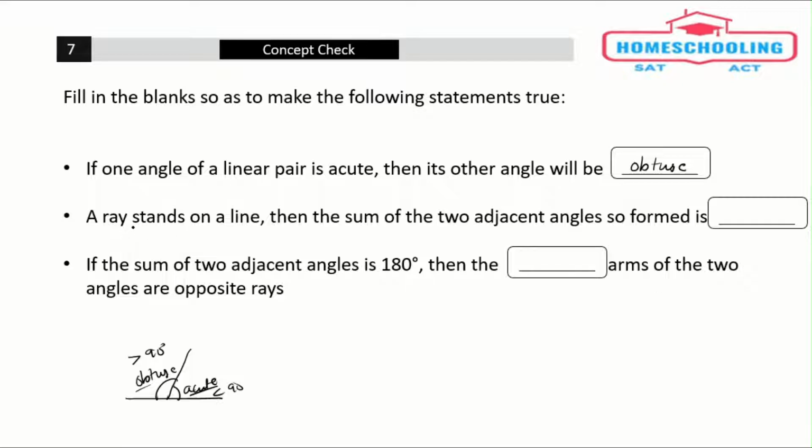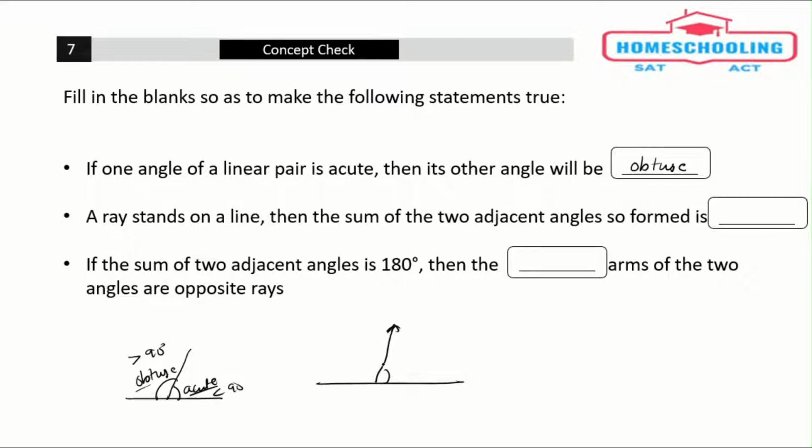Now the next statement: a ray stands on a line, this is a ray, then the sum of two adjacent angles so formed is supplementary.